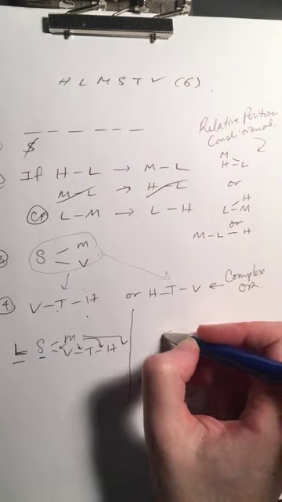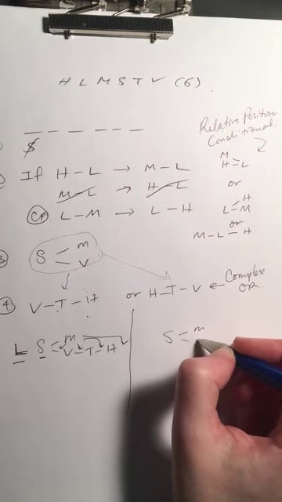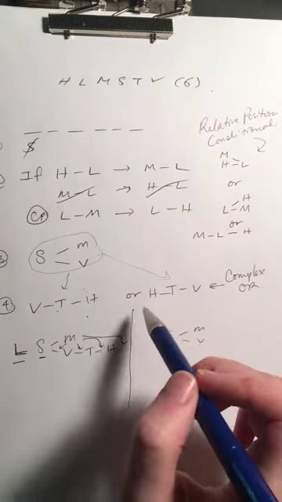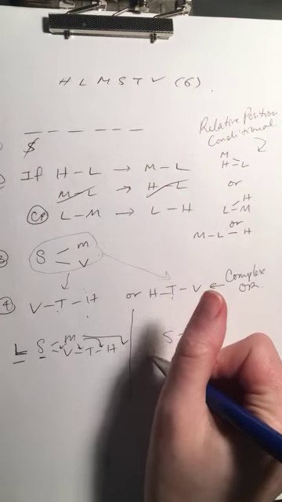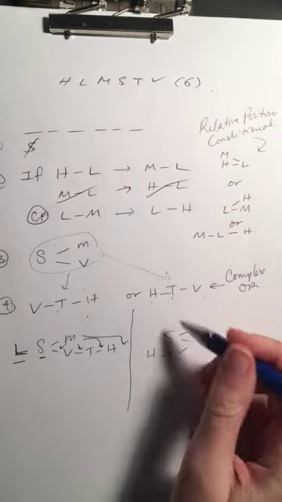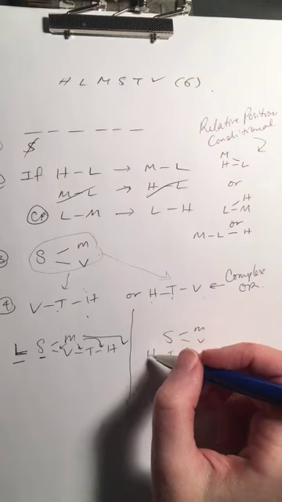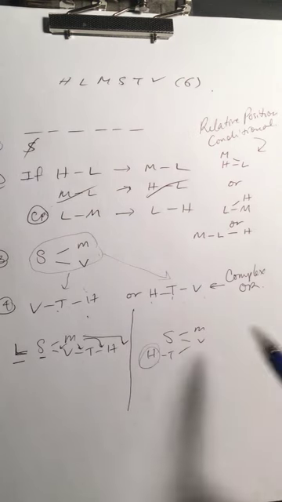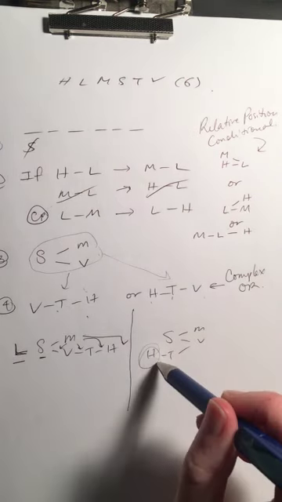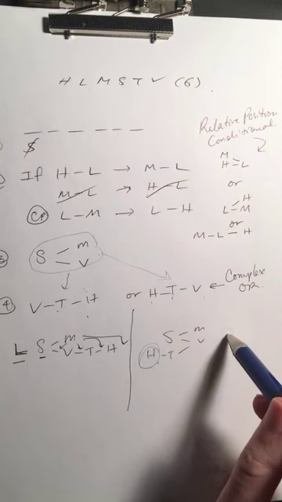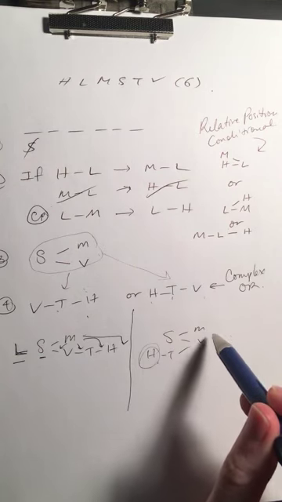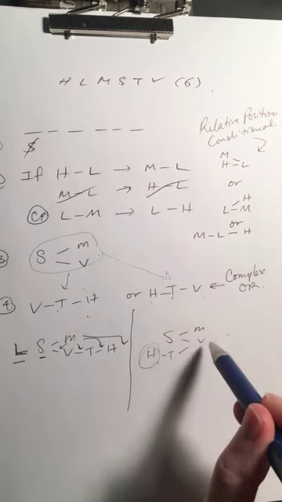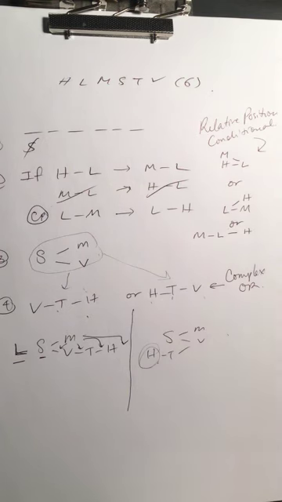And then we have, again, S before M, and also before V, and then H before T before V. Okay, S can't be first, H could be. If H is before L, then M is also before L. So if H is before L, then L is going to be probably closer to the end there, right?